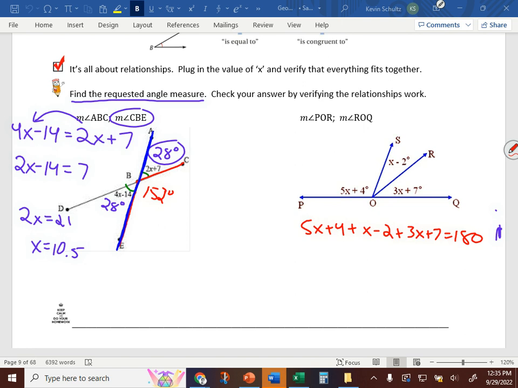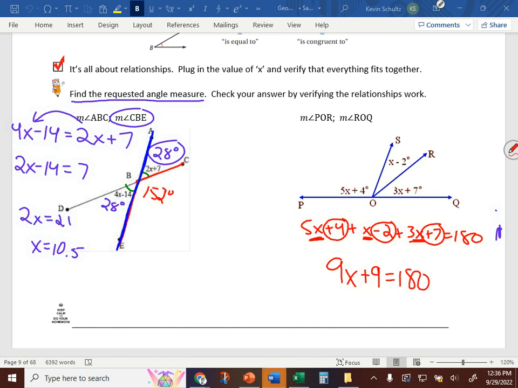Okay? The three angles added together, we know make 180, not because they're a linear pair, but because they do make a straight line. So as Jack said, we're going to combine all of our x's. We have 5, 1, and 3. That's a total of 9. And then combine all of our constants. 4, minus 2, and 7 is 9.